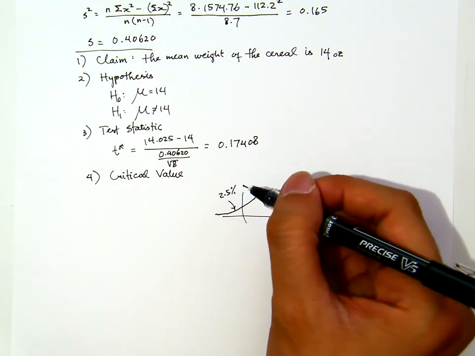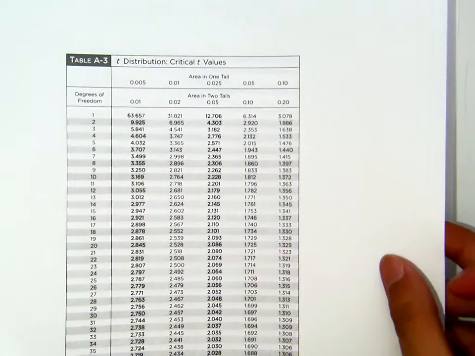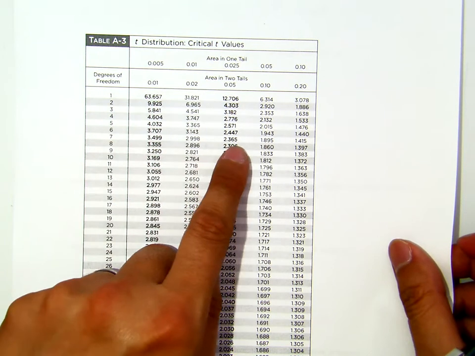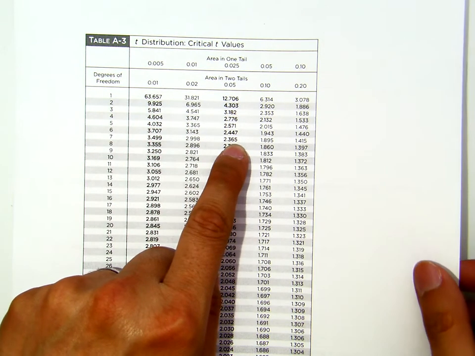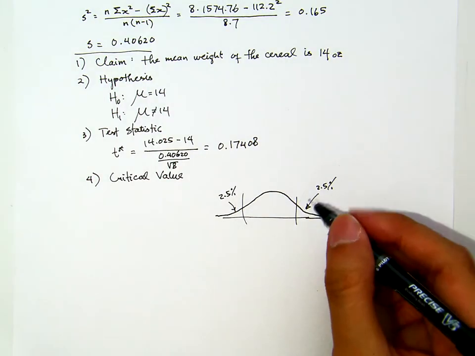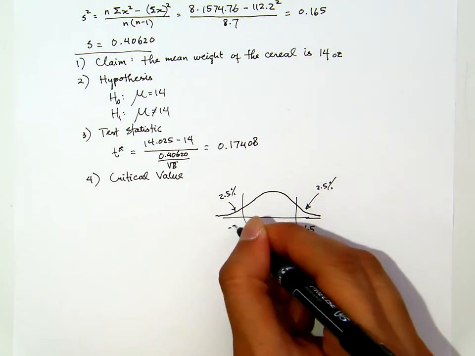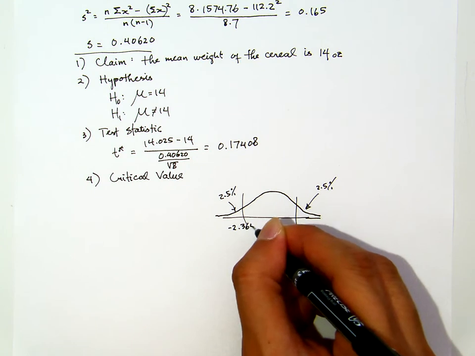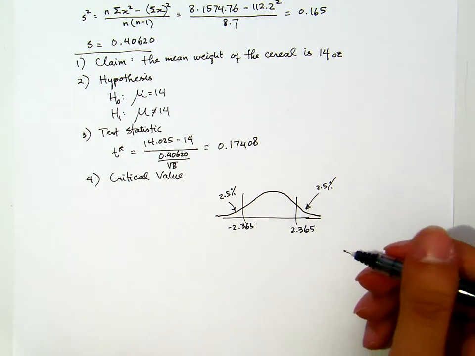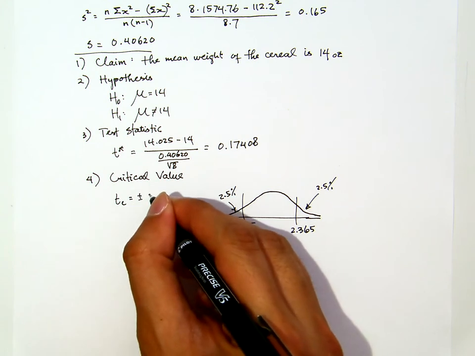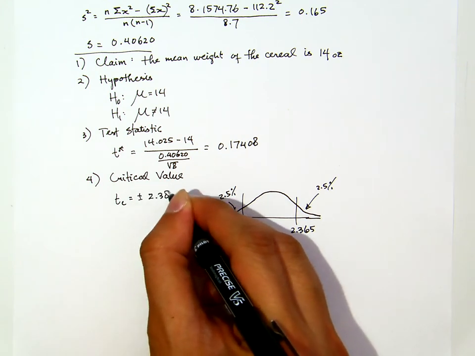Now when I take a look at the t distribution table, the area in totals is 5%. The degree of freedom is 7. It's 2.365. So this is 2.365, and this one is negative 2.365. Right? That's the critical value, plus minus 2.365.